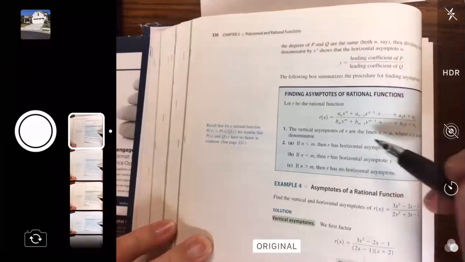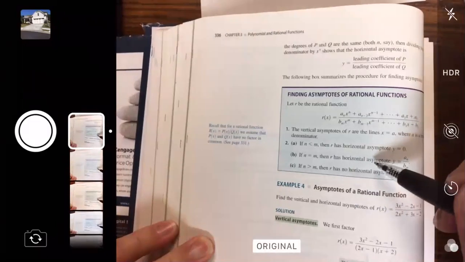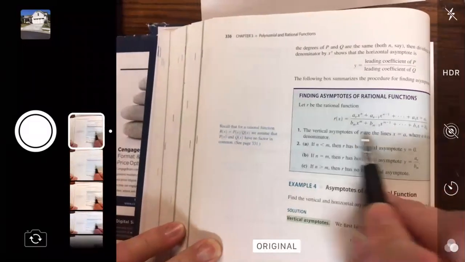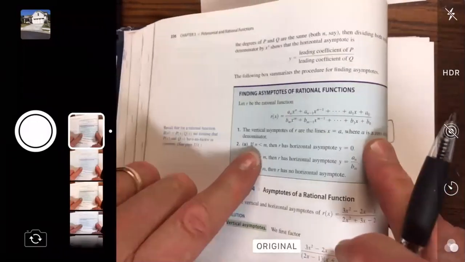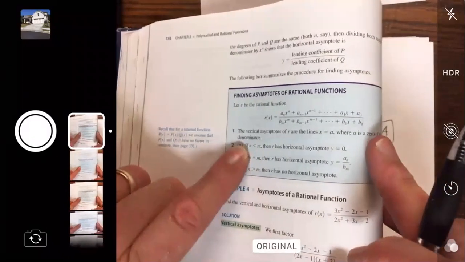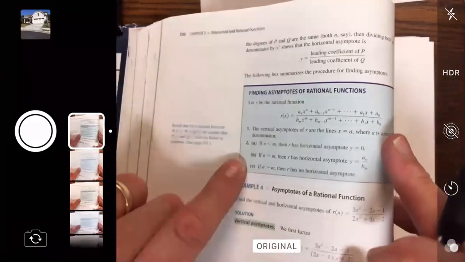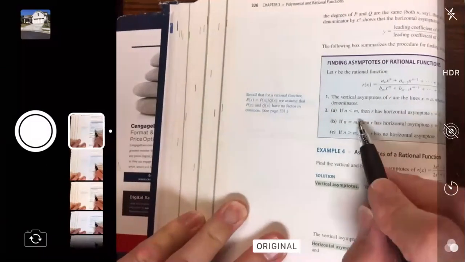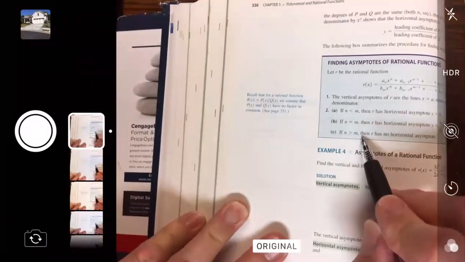I'm not going to write this gibberish down. All right, number one, they're giving you vertical, and they're telling you set the denominator equals 0. A is a 0 of the denominator. In number two, you've got to compare what they're doing. This is your horizontal asymptotes. They're comparing the powers, and there are 3 cases.